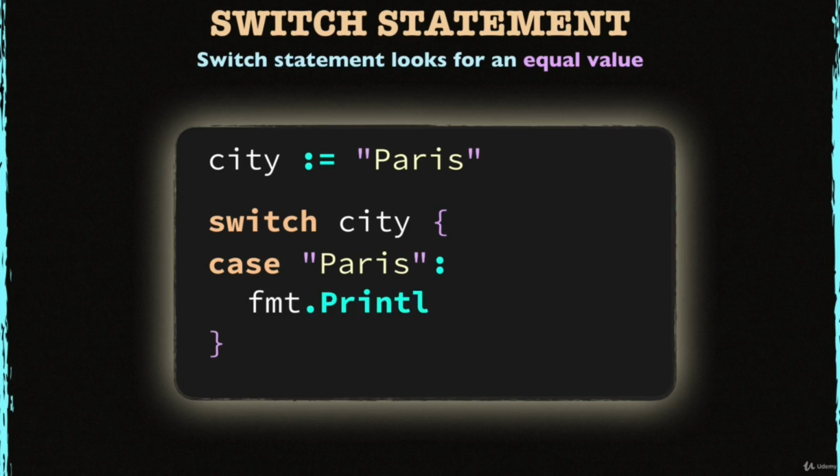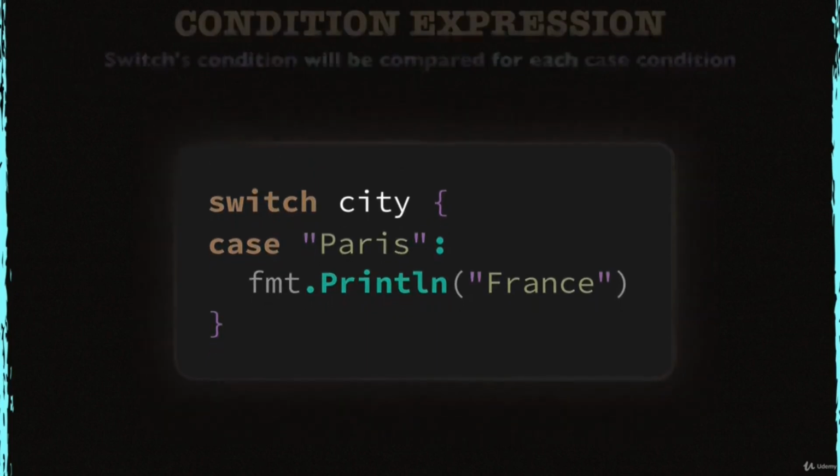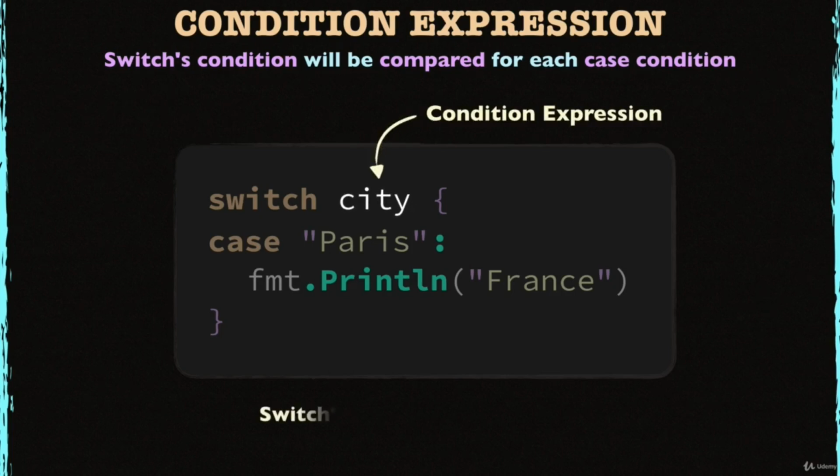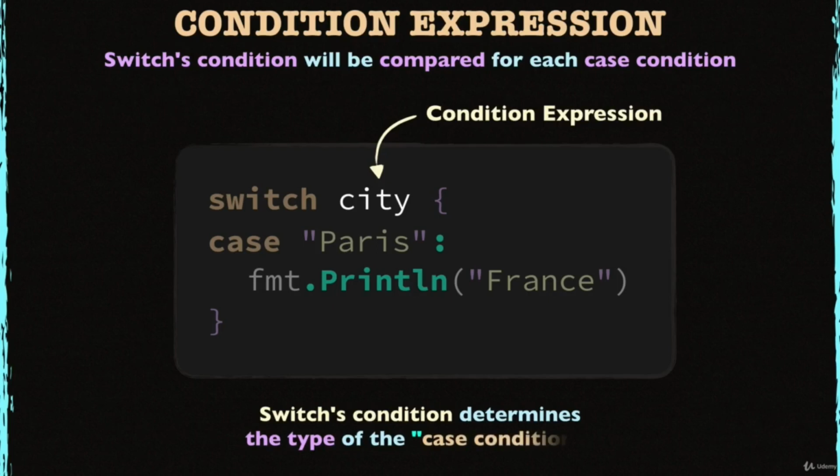Okay, now let's take a look at the parts of this switch statement in detail. This highlighted part is called the switch's condition expression. The type of this condition expression is very important because it determines the type of the case conditions. The city variable here is a string value, right?